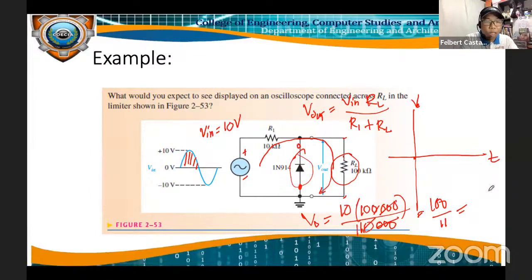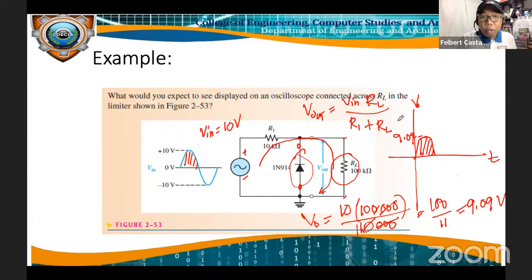Check natin, 100 divided by 11, 9.09 volts. Okay, so ano yung lalabas dito sa output natin? Lagyan mo ng half wave. The peak value is 9.09.